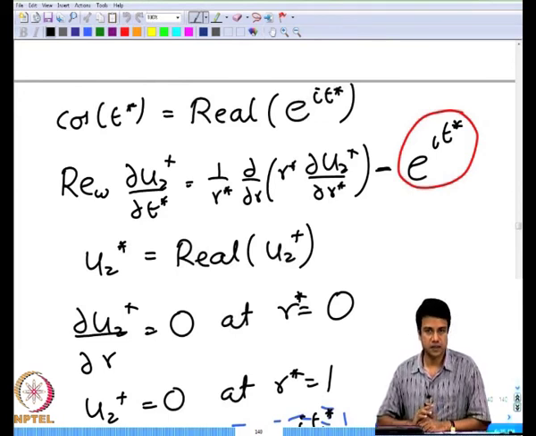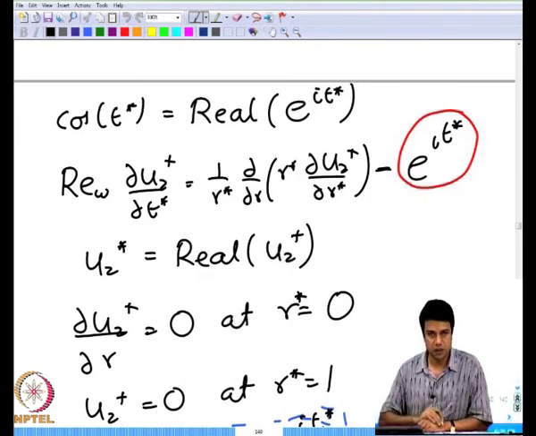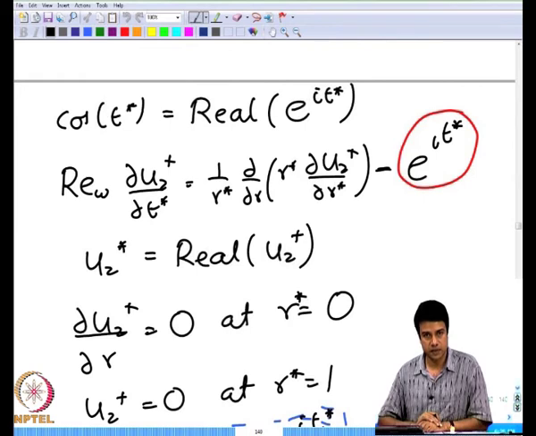There may be a phase shift, but the frequency has to be the same. A phase shift will be reflected in the complex nature of u_z. If there is no phase shift, it will be real. If there is a phase shift, it will be a complex number, and tan phi, where phi is the phase shift, will be equal to the ratio of the imaginary and real parts. So, I take this form and put it into the differential equation for u_z plus, and then solve it.